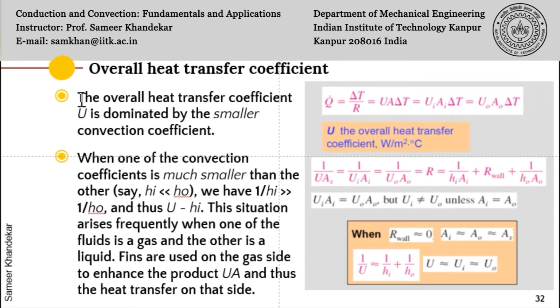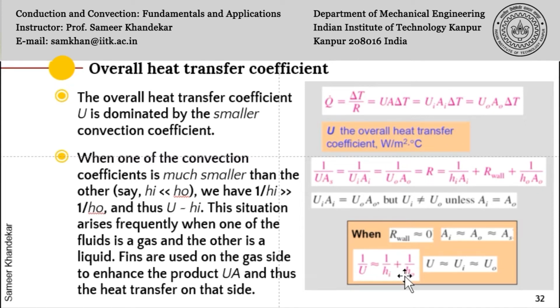So first of all, if R wall is equal to 0, on the right hand side I am showing the figure, and Ai and Ao are equal, and let us assume it to be equal to A surface, then essentially the diffusion resistance due to the wall goes away, and you are only left with Hi and Ho.